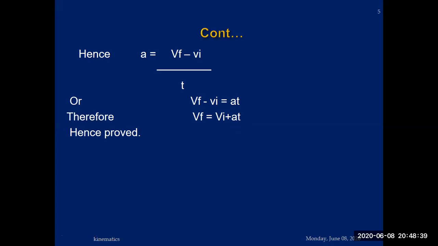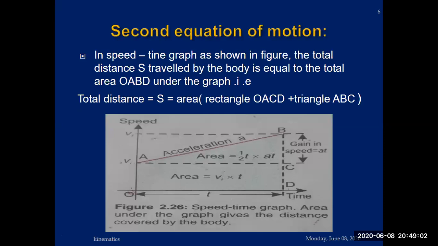You will be told that a body was moving, initially starting with a certain velocity, 10 kilometer per second. After 20 seconds, its acceleration becomes 30 meter per second square. Calculate the final velocity. So this is the technique to use to calculate final velocities.